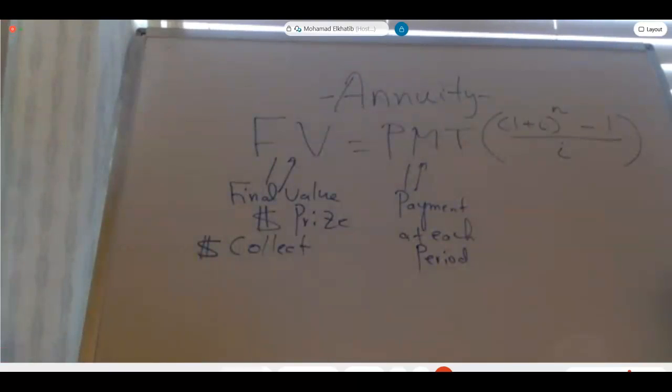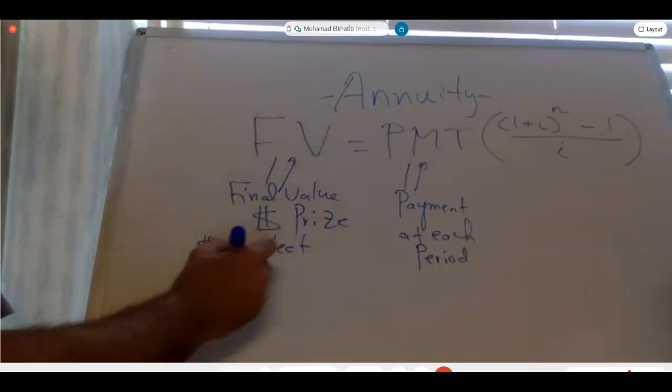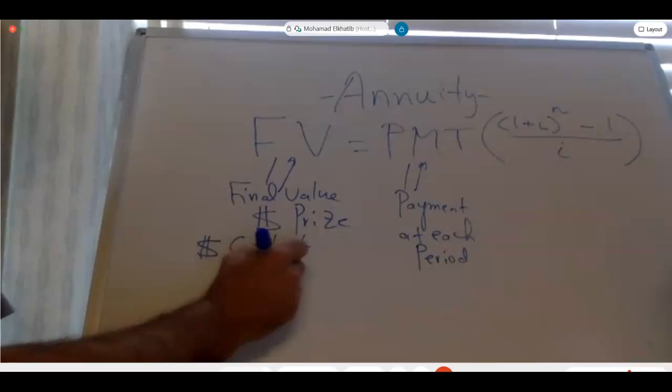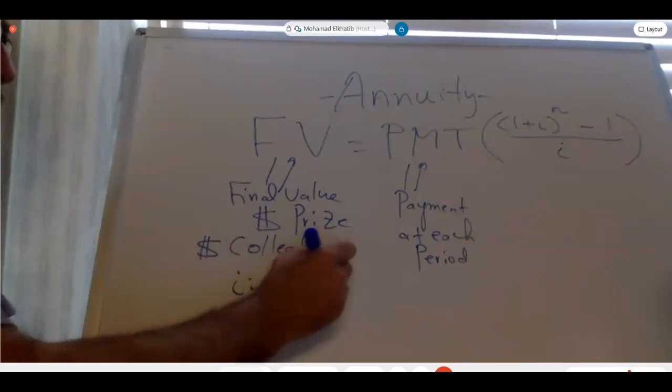Are you with me? Yes. Very good. And what else you need to know? I is monthly. I is the interest rate per month.